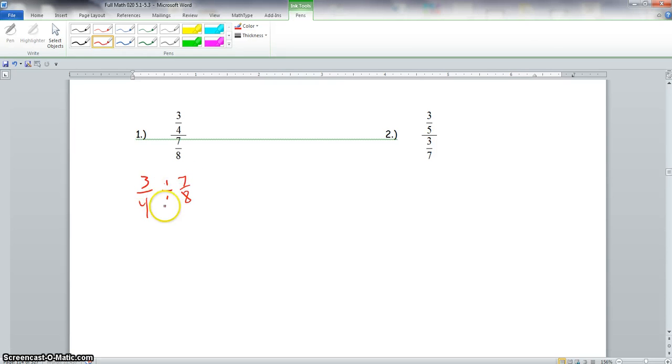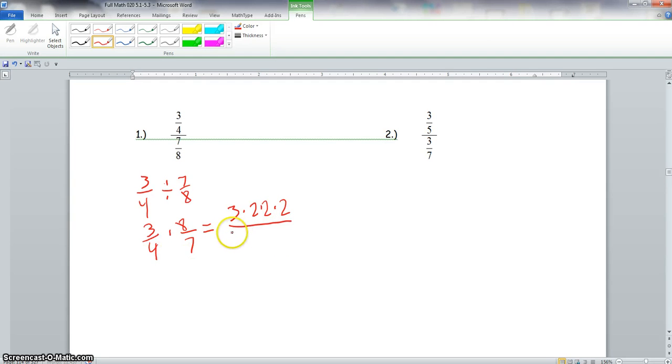So now we could do this like any other division problem. It would be 3/4 times the reciprocal, which is 8 over 7. Now we write out the prime factorization. We had 3, which is prime. And in previous problems we did, as far as examples, we know the prime factorization of 8 is 2 times 2 times 2.